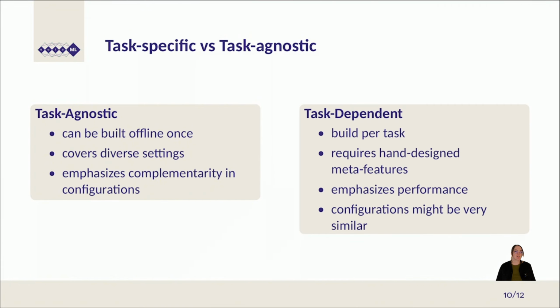In contrast, the task-dependent portfolio is built per task, so this is really specialized. And it requires hand-designed meta features or another way to compute task similarity, and it emphasizes performance because you want to find the best performing configurations on a new task, which might result in configurations that are very similar.